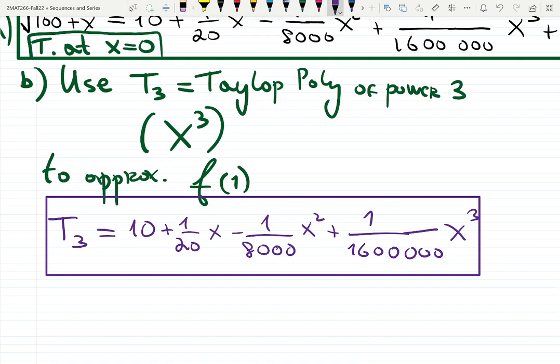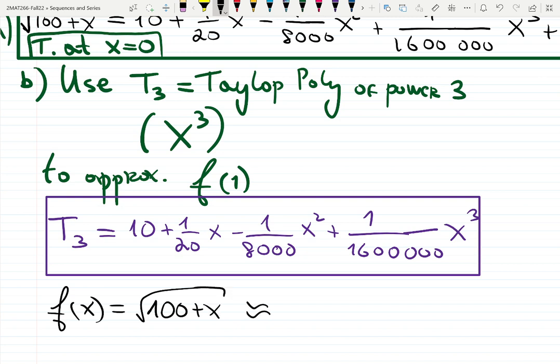So we claim we found this polynomial because f of x, the square root of 100 plus x, is approximately T3. That is the idea. We know it's not exact anymore because we cut it. We kind of kicked out the tail of it, and the tail gives a more exact approximation. But we decided it's good enough for whatever project we're doing.